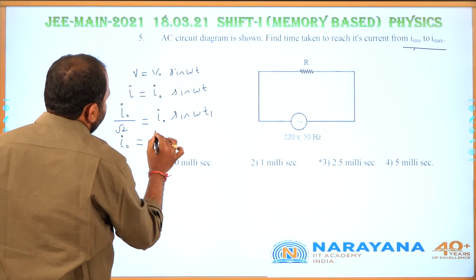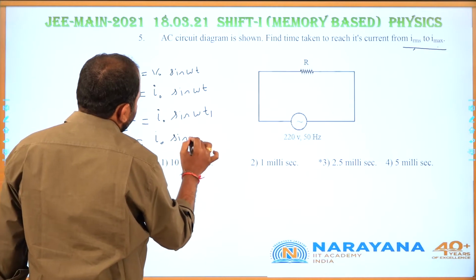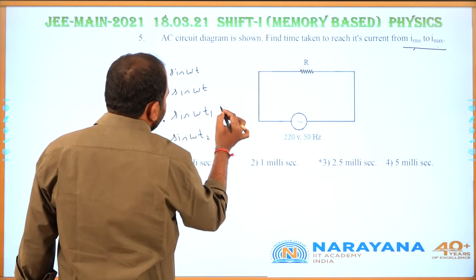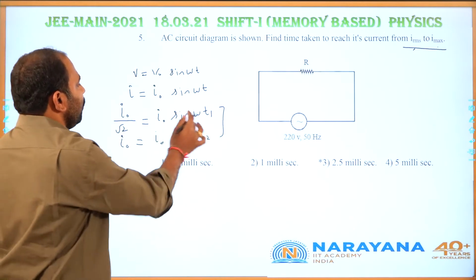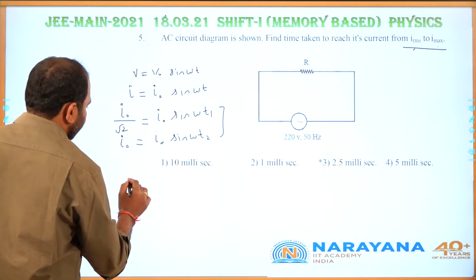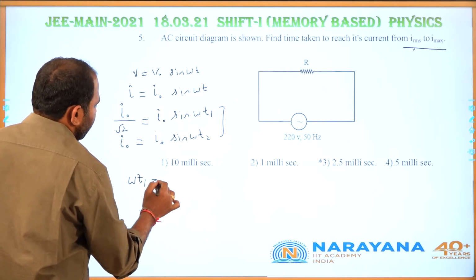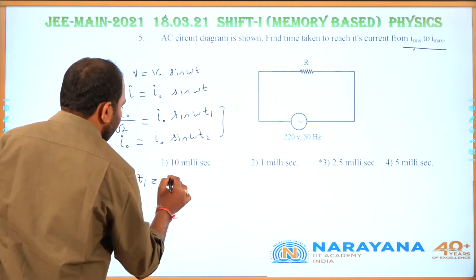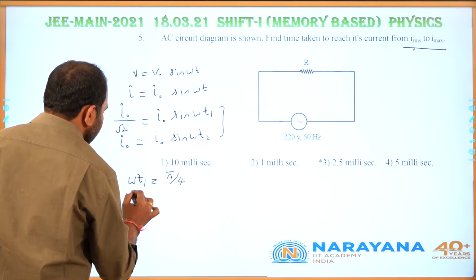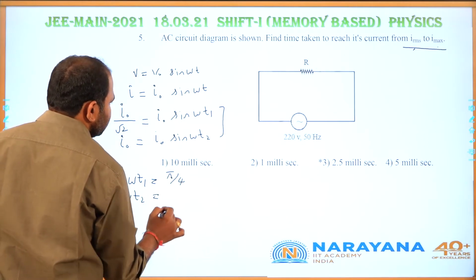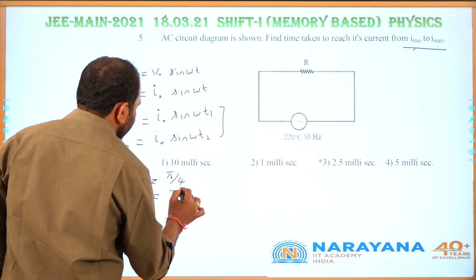This is I naught into sin of omega T2. From these two equations, it is clear omega T1 equals pi by 4, the phase of pi by 4. Similarly, omega T2 is equal to the phase of pi by 2.